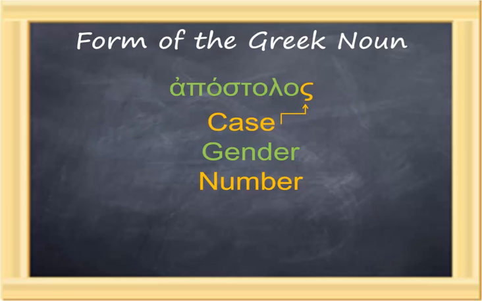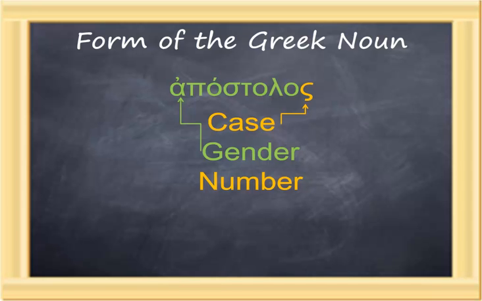The case is determined by the ending, and it tells us how the word is used in the sentence. The ending changes depending on usage. The gender is learned with the root meaning of the word.